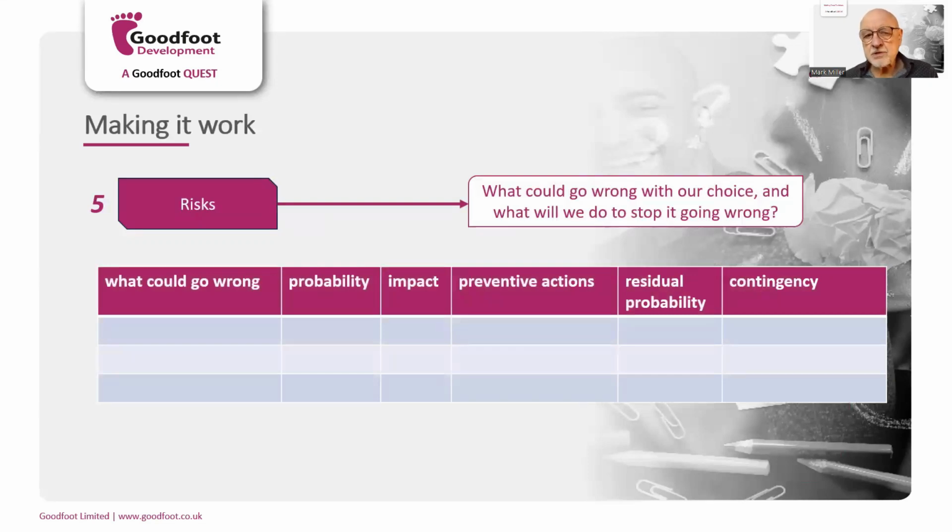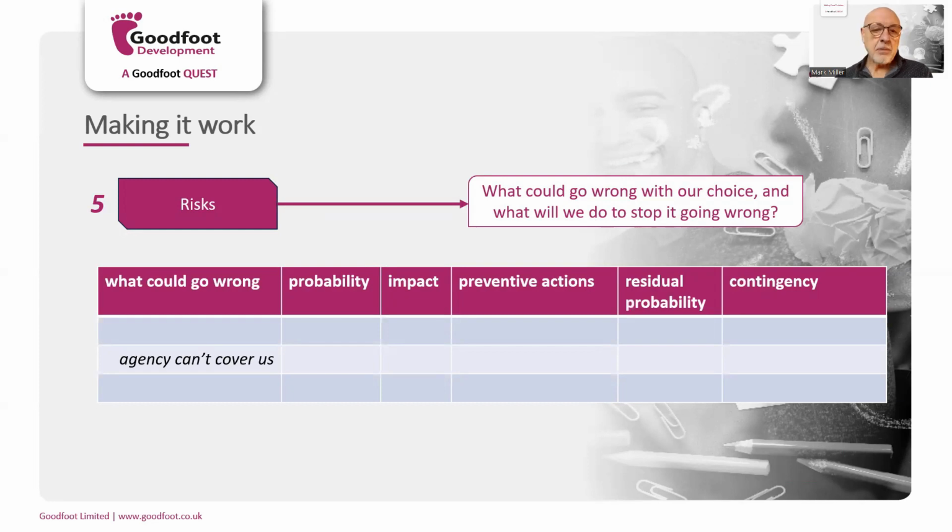This table is quite useful sometimes. You could get the team to write it up if it's key actions, the important actions that are happening, important decisions, or you could just do it verbally. But we start off with what could go wrong. Let's imagine this example: an agency can't supply us with the people. They can't cover us.